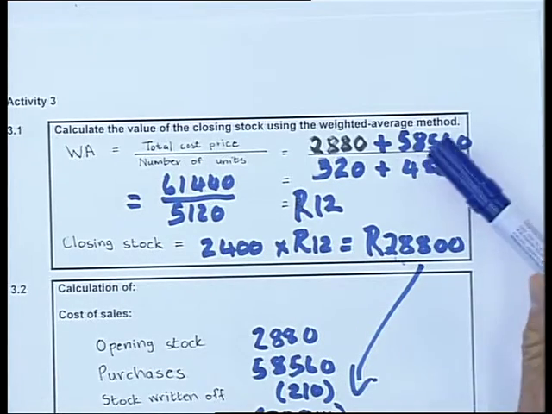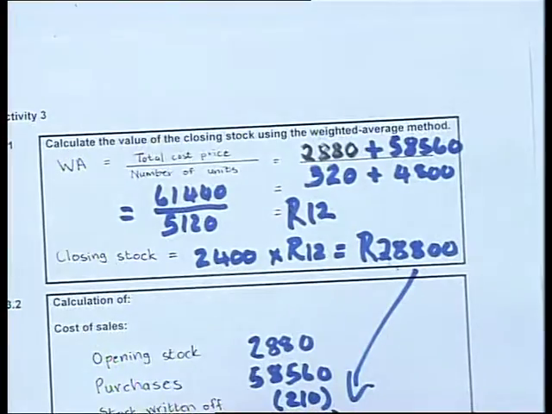Okay, I see in this question, very interesting. When I did this, I thought that you would deduct the returns, because they gave you the value of the returns. And then when I looked at the memo, I saw that they did not do that. The only thing I think, the reason why is because you don't always have the value of the stock that was stolen or written off, because you don't know if it was old stock or new stock. And I think that's why they did not deduct the returns or the units written off.